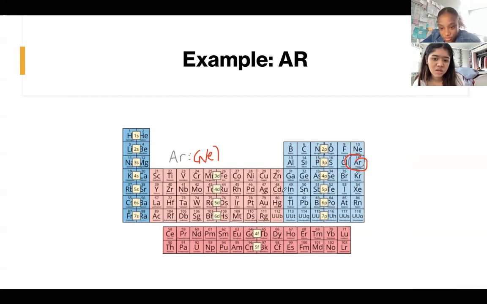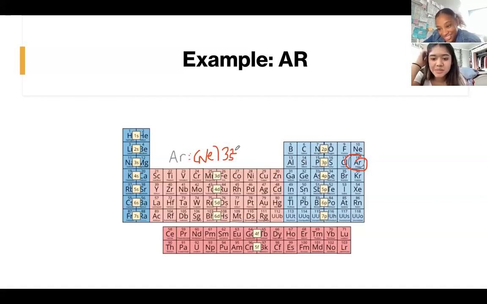Which would be what? Which would be 3s. Wait, would it be 3s2 and then 4s2? Would it start there? Oh, I'm sorry, ignore that I said that.